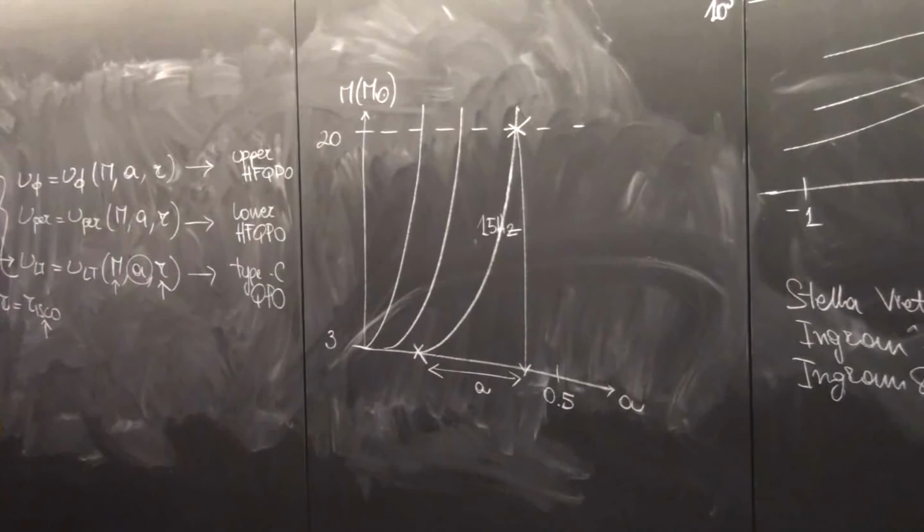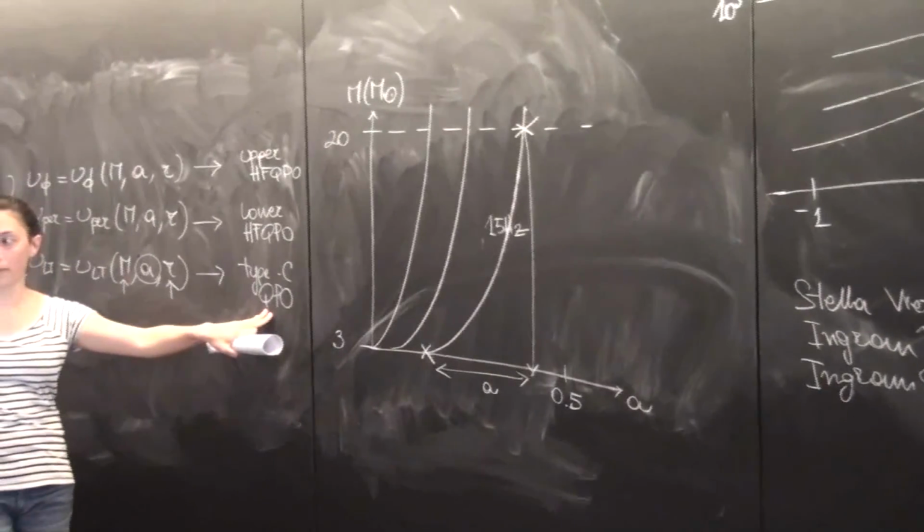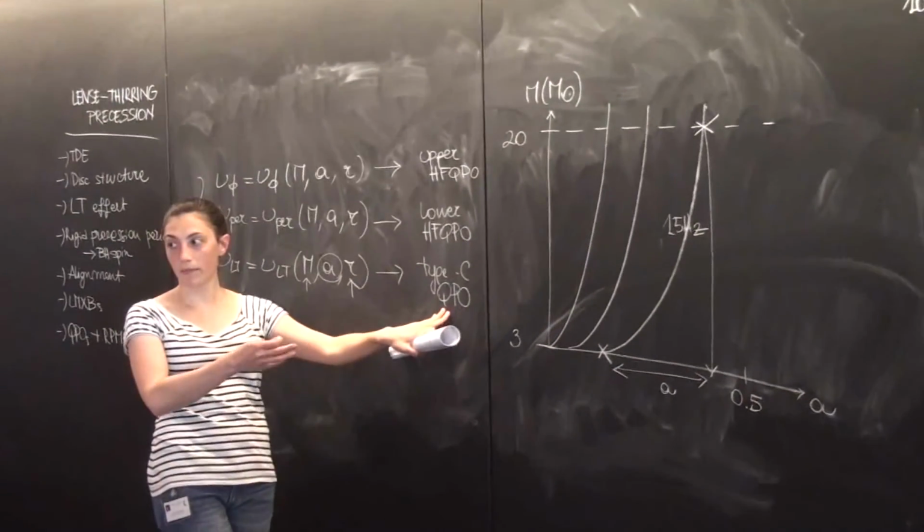But sorry, just to follow the logic here. You were saying earlier that you're using R ISCO as an inner bound. Yes, of course. But if the R is greater than R ISCO, then you could allow a larger a, right? Yes. But the point is, I look for the highest type C QPOs and then I put the lower limit.